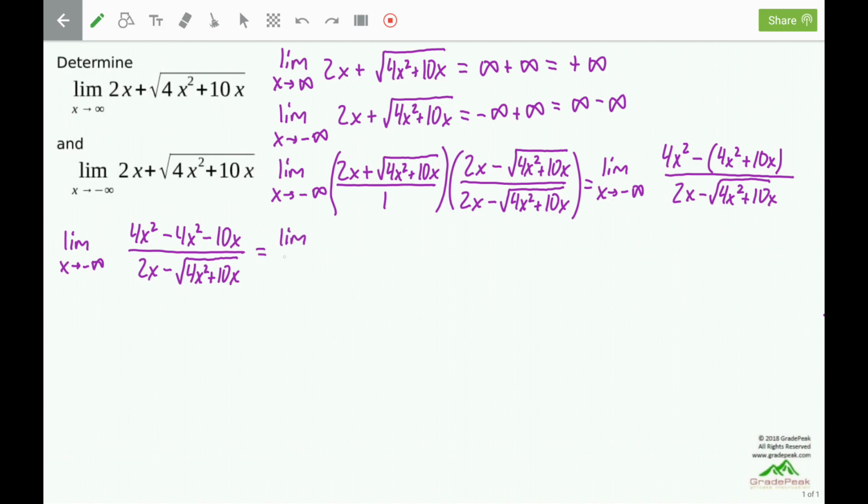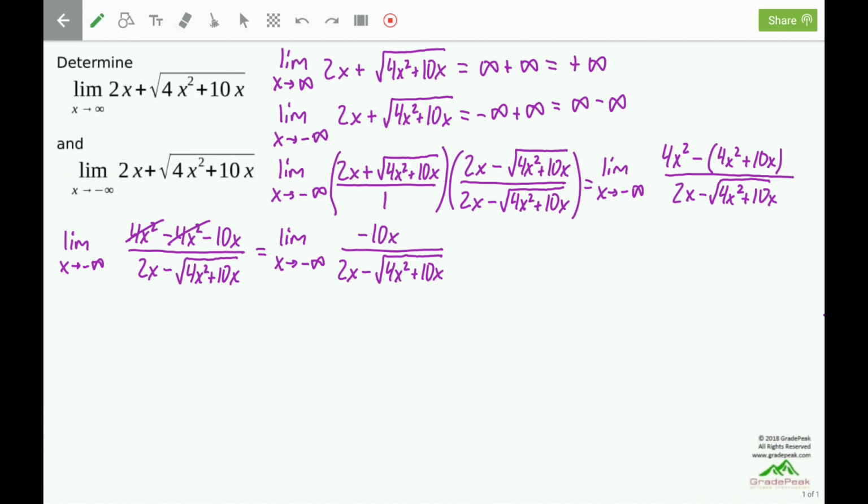We can now combine together like terms in the numerator. The 4x squared and the negative 4x squared will cancel each other out, leaving behind a negative 10x divided by, and leaving the denominator alone, 2x minus the square root of 4x squared plus 10x.